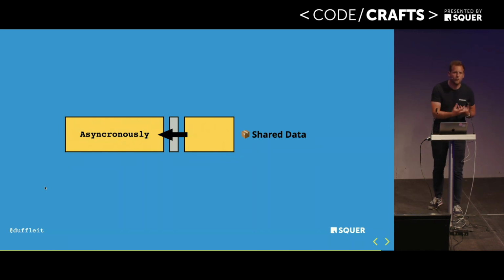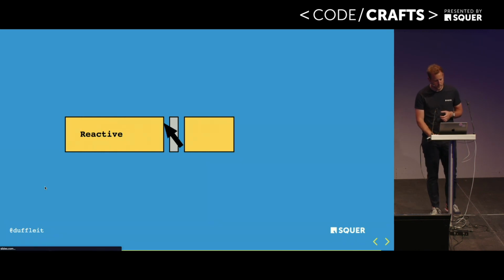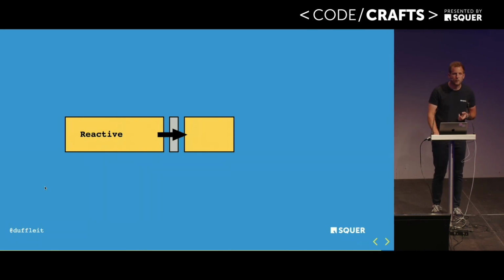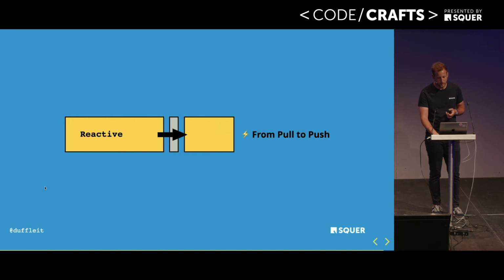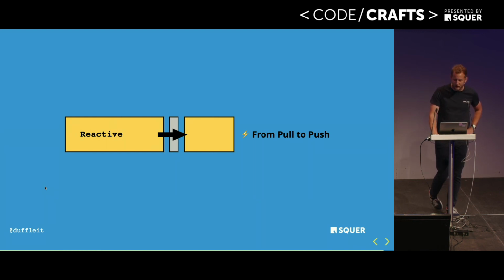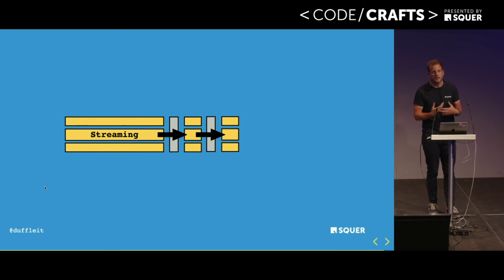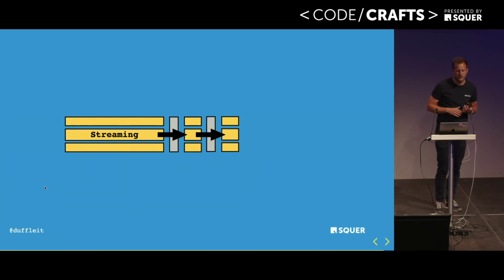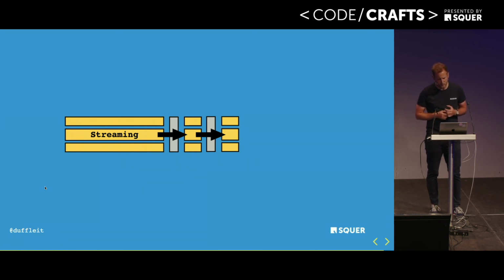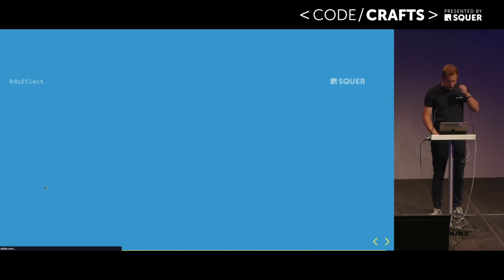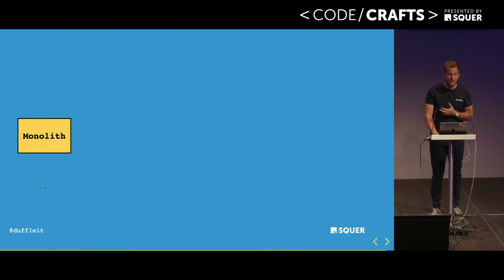Then you need to go from a pull-based architecture to a push-based architecture, and this is usually where we tend to talk about reactive architectures. And if this is not enough for you, which I would probably not believe, but if it's still really not enough, then you can go into streaming architectures where you have this additional layer of scalability when it comes to shards, and there you have massive throughput. And as always, all of them make sense, yeah?